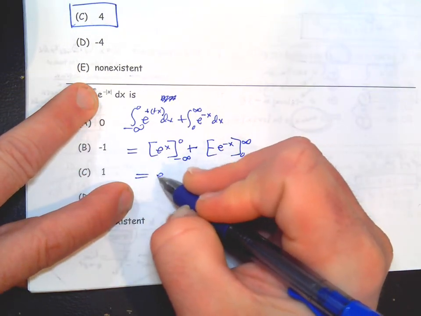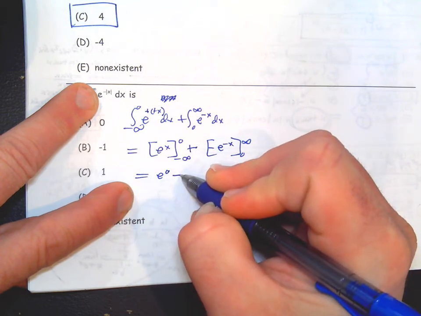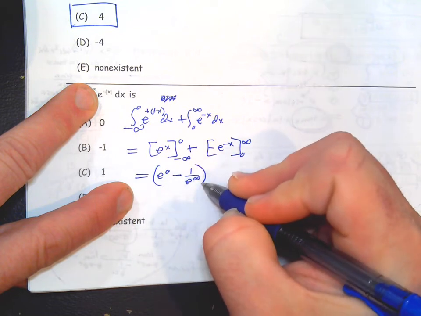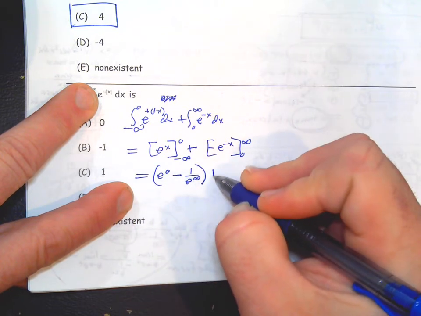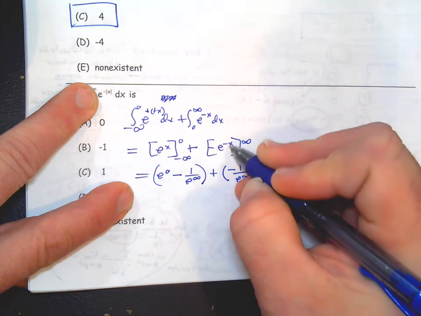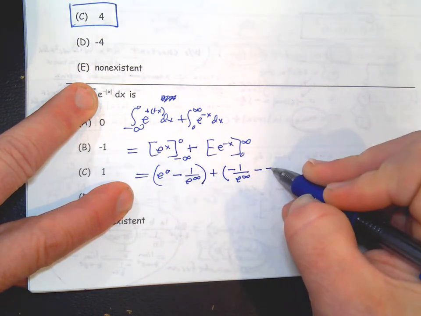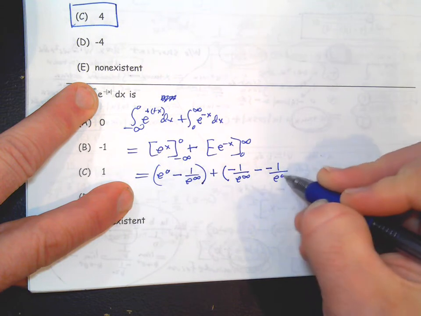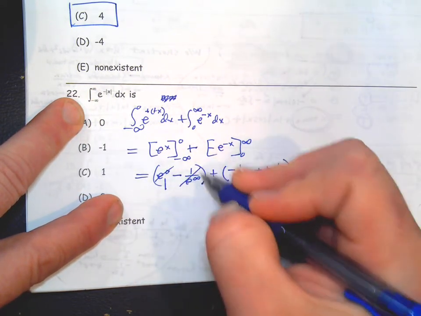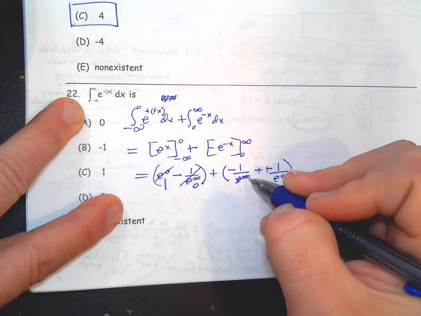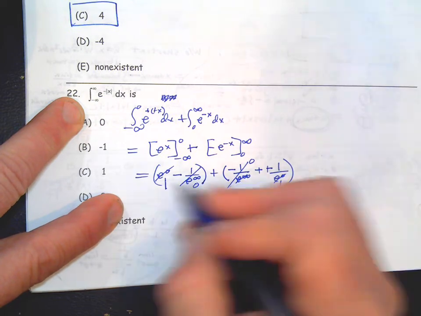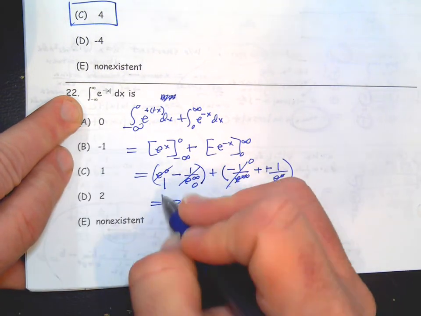So it's going to be e to the 0 minus 1 over e to the infinity because it's negative, plus negative 1 over e to the infinity because there's a negative there, minus negative 1 over e to the 0. This goes to 1. This goes to 0. This goes to 0. And this goes to 1. So we have 1 plus 1, which is 2.